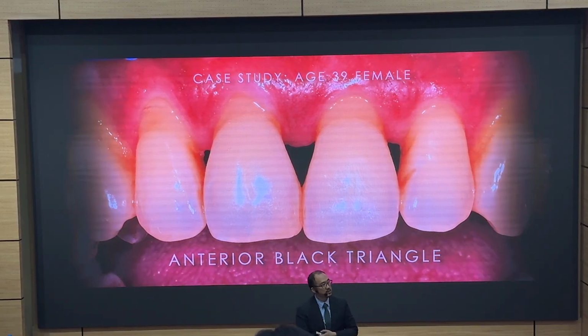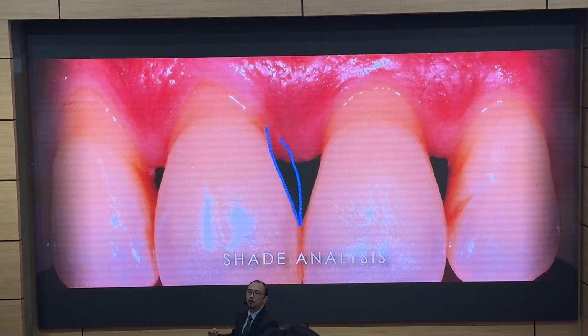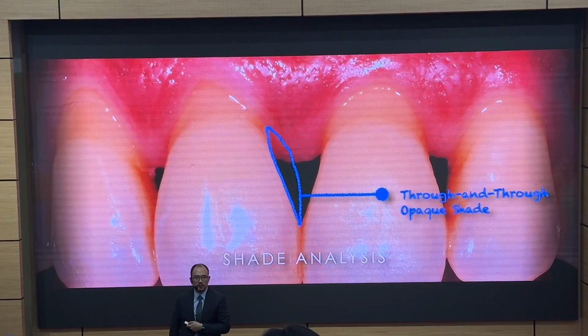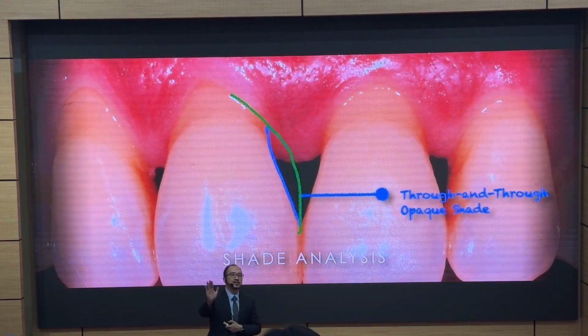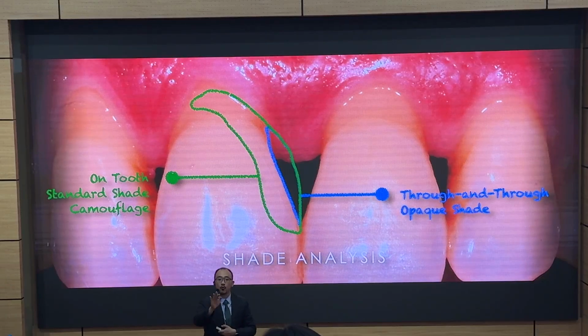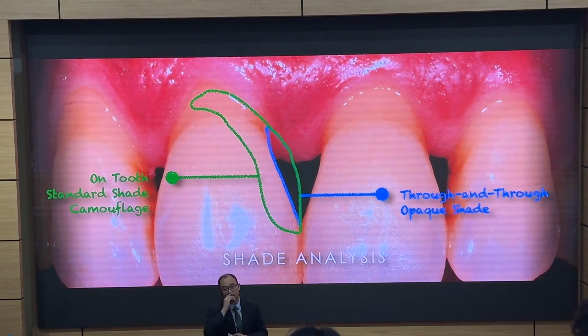So for cases like this, I have to make sure that I apply an opaque shade first. Once I apply an opaque shade, then I can apply a transitional shade to blend the color, to alter the chroma. Alright, this is now where I put my A2 or A3.